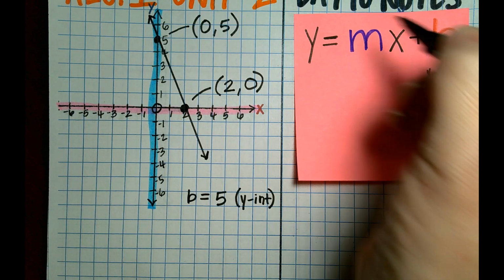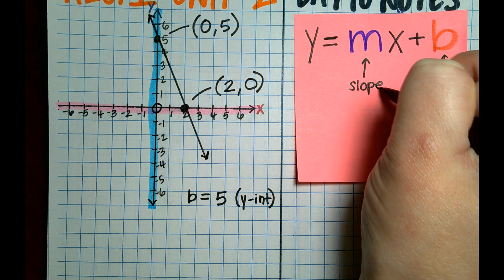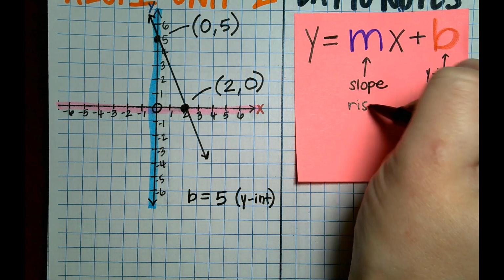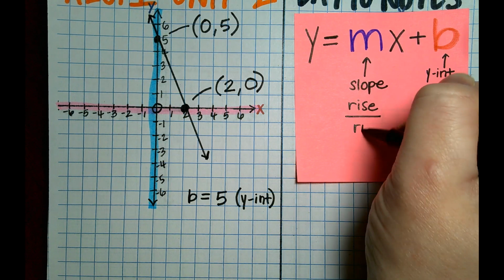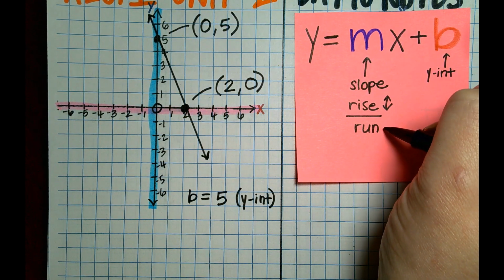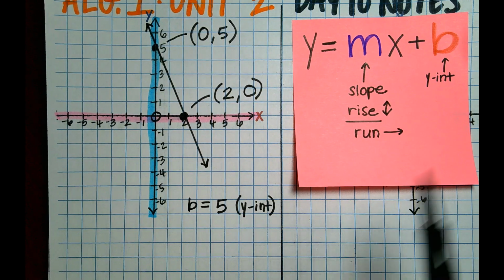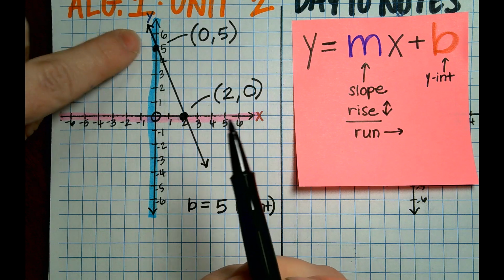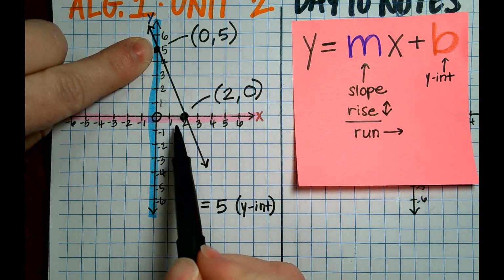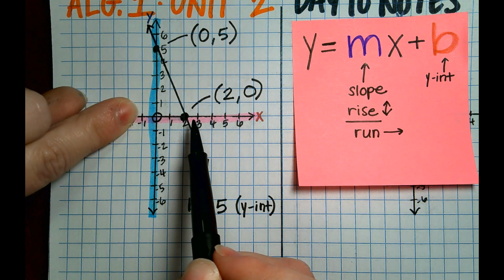Okay, so our slope can also be written as rise over run. Rise meaning whether we go up or down, and run always to the right. So starting from the y-intercept, to get to my next point, would I move up or down?